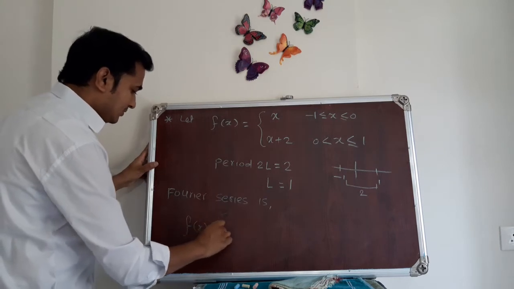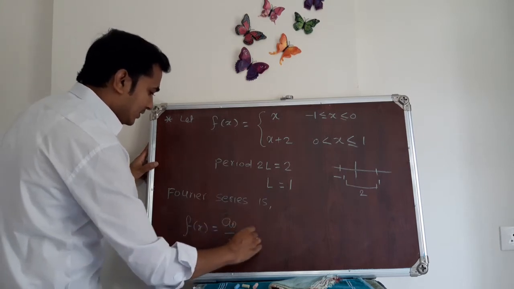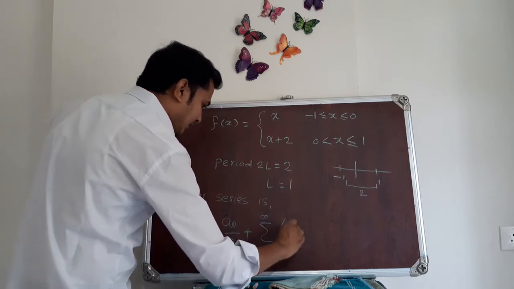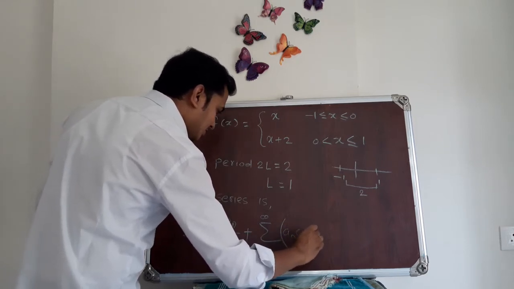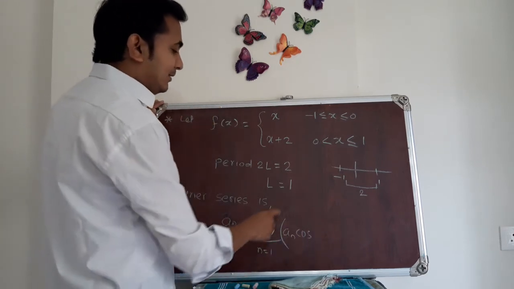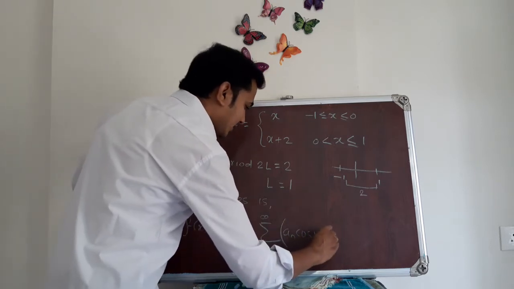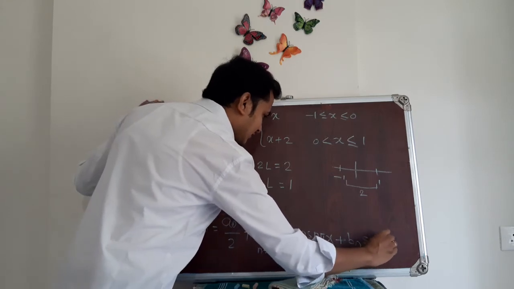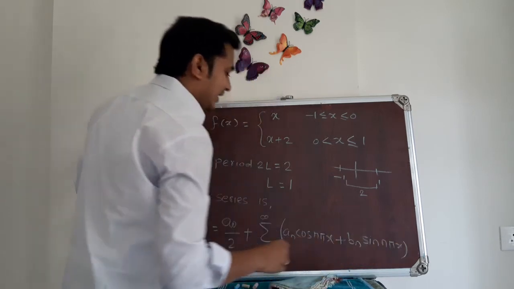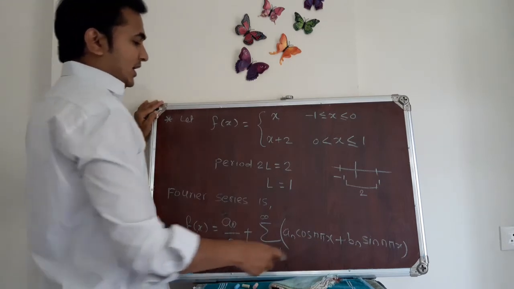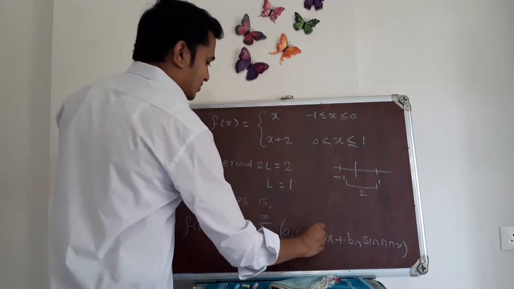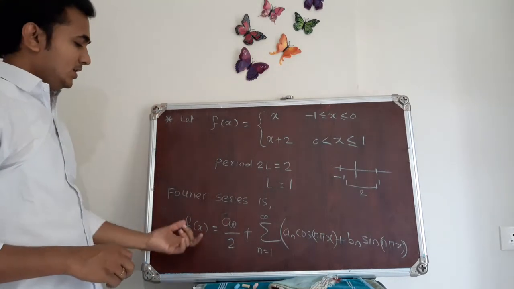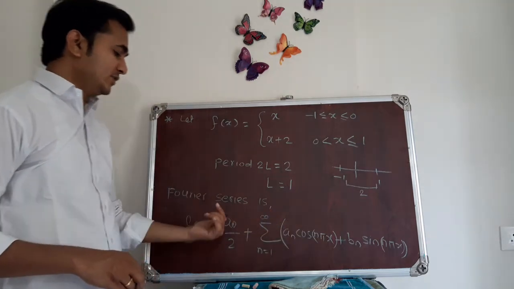So the Fourier series is f of x is equal to a naught by 2 plus summation n running from 1 to infinity of an cos of n pi x upon L, but L is 1, so cos of n pi x, plus bn sin n pi x. L is 1, therefore there is no denominator for those terms. The question is about the Fourier coefficients a naught, an and bn.